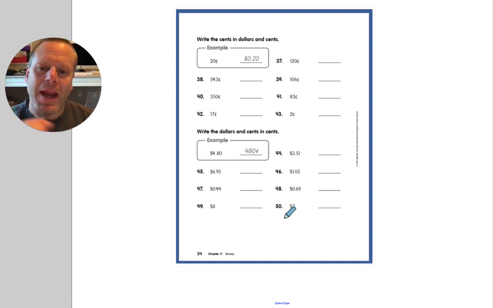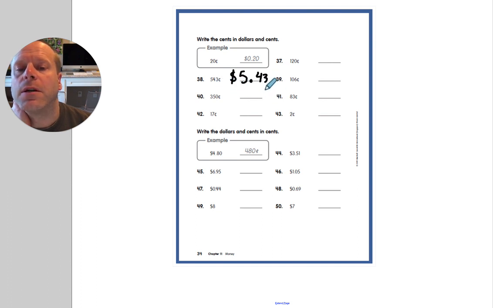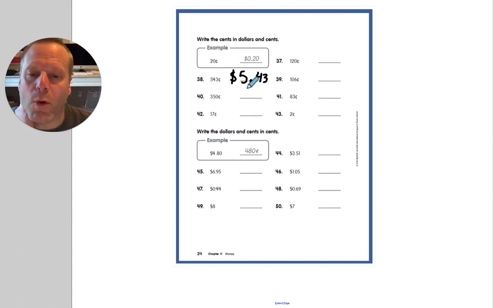On the second page, all you have to do is swap them. So here, 543 cents is the same as $5.43. So here I had to put the decimal point in.